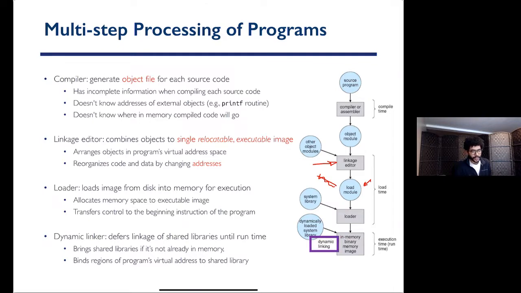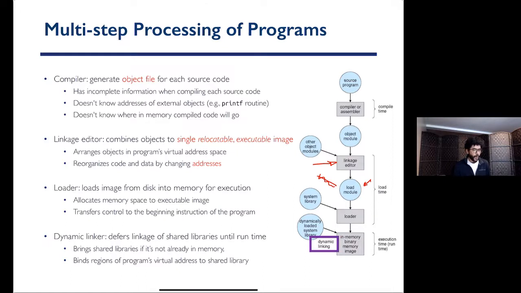So you want to load libraries when they are needed. When the program calls a certain code, you want to wait for that moment, and then at that moment link the code for that library to your loadable image.